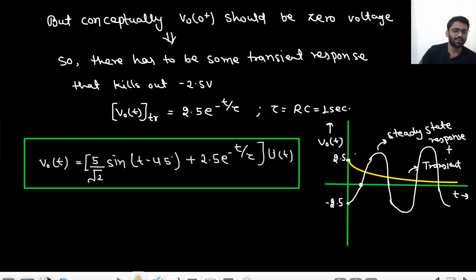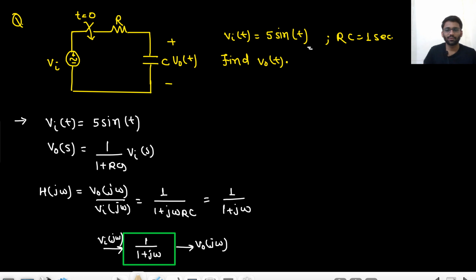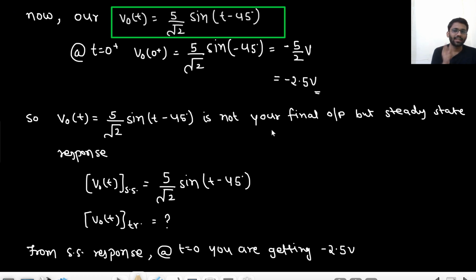So always remember, whenever they are asking you these kinds of questions, first you will find the steady state response, then you will see at t equals 0 what you expect. At t equals 0, here I was expecting 0 volt, but because of the steady state response I am getting minus 2.5 volt. So there has to be some transient that kills this minus 2.5.